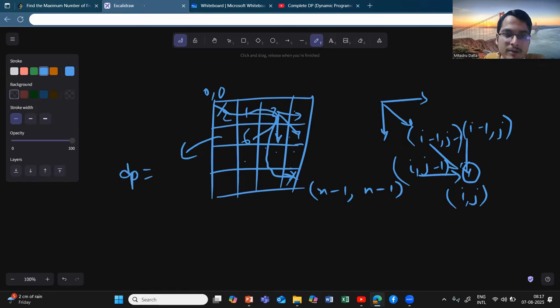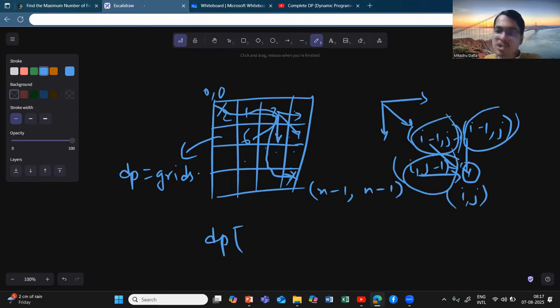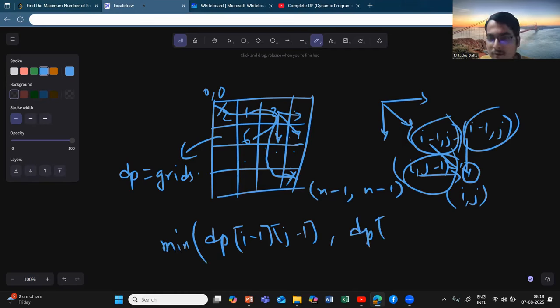We do dp equals grid, so we initialize the DP as the grid, and we just go through all the cells and apply this formula. I hope you understand this. Out of all the three possibilities of every cell, I take the one giving me the minimum path. So if I'm finding the minimum path, I will take the minimum among dp of i minus 1 j minus 1, dp of i j minus 1 and dp of i minus 1 j.